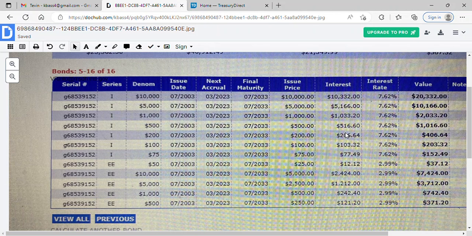So here, I wanted to show you. Okay, so what is an EE bond? The series EE bond, often referred to as a Patriot bond, is a non-marketable interest-bearing U.S. government savings bond.